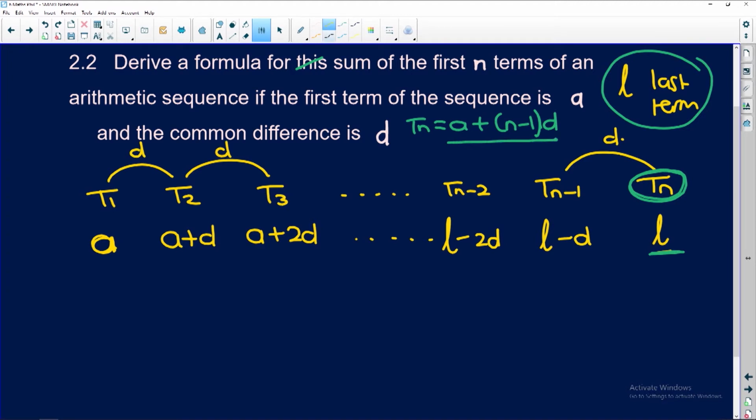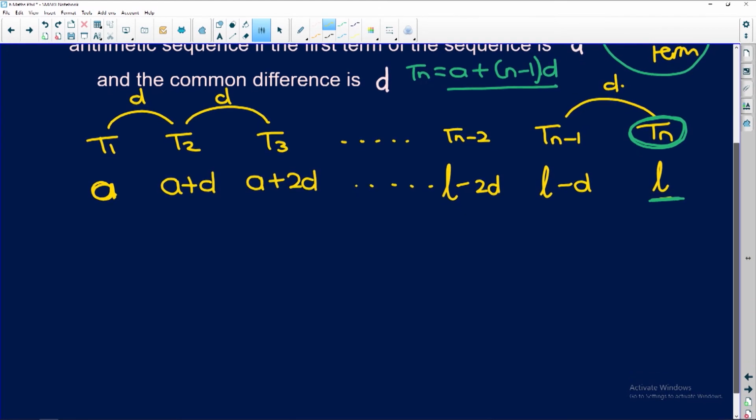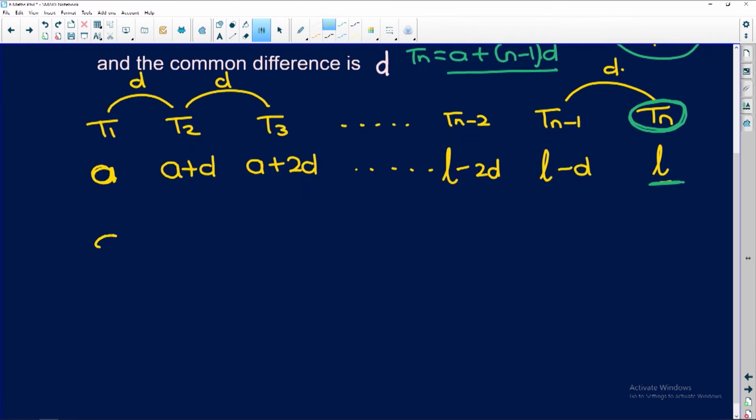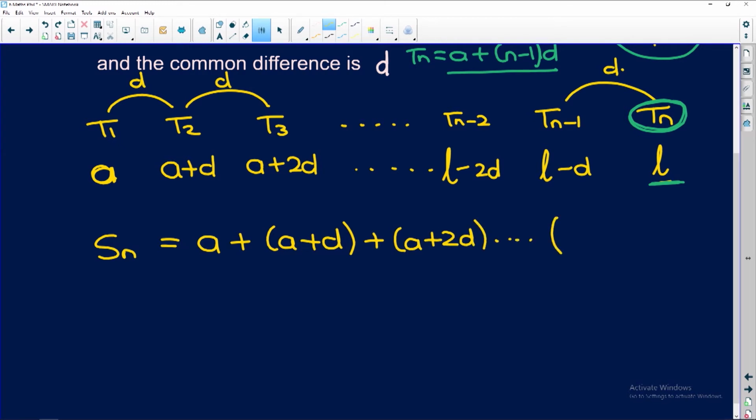So Tn, the last term, and this formula, are all exactly the same thing. Very important. So now if I want to take the sum of all of these, Sn, the sum of all the terms to the nth term, I'm going to say term 1 plus term 2 plus term 3, all the way to term n minus 2, which is the last term minus 2d, plus the last term minus d, plus the last term, because we are going to n.